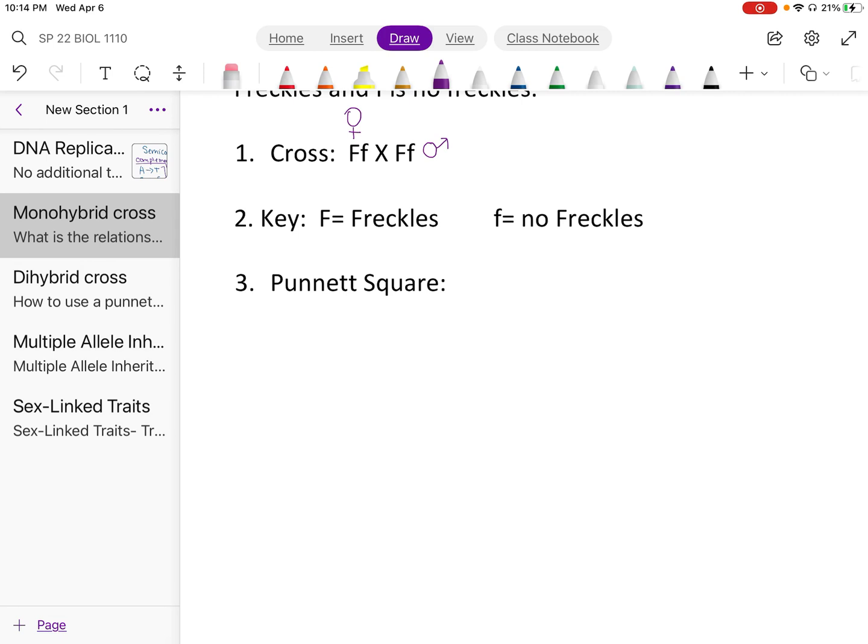So your Punnett square is going to be composed of 4 offspring. With this Punnett square, the outside is going to be the parent's genotype.